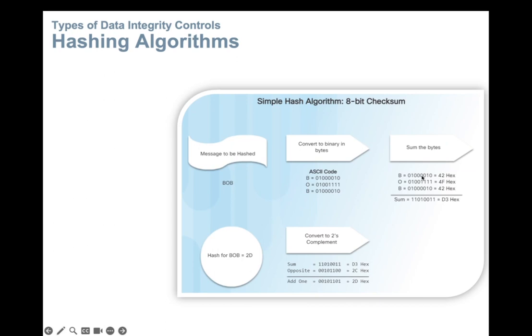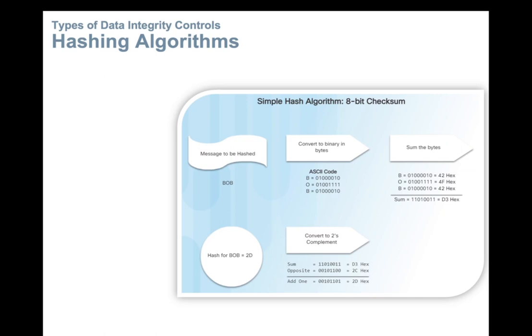So this binary number is equal to 42 in hexadecimal format for B. For O it is 4F hexa value, and for B it is 42 hexa value. When summing this entire message in hexa, it is D3 hexa value.